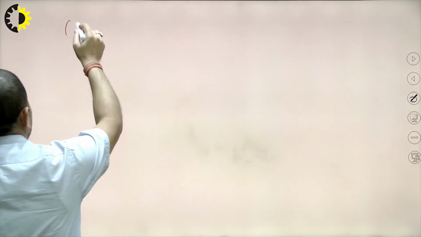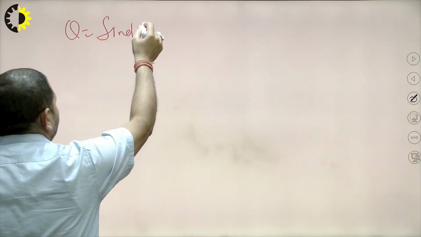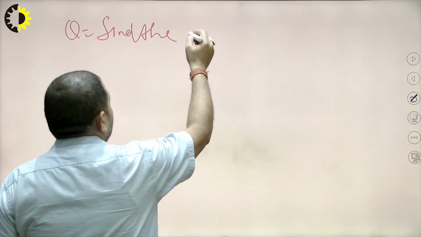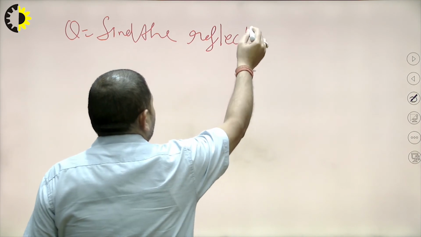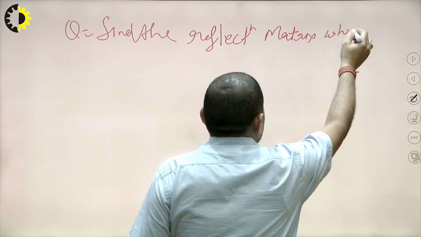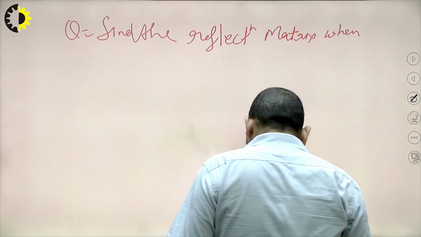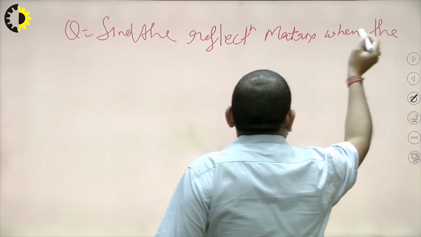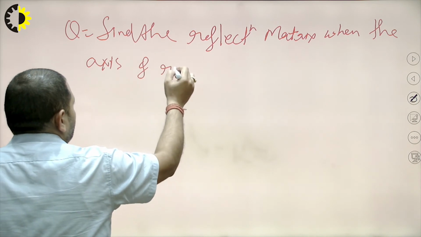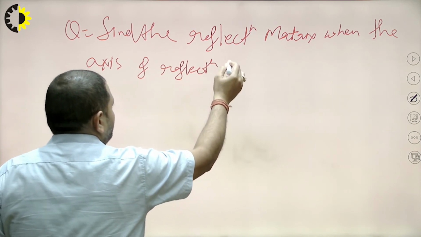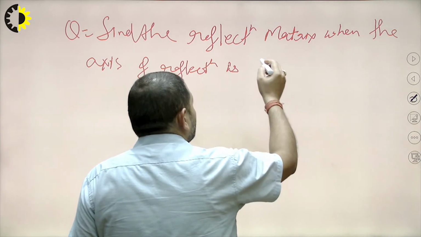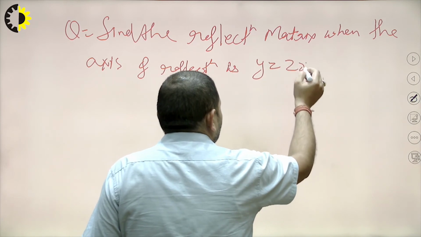The question is: find the reflection matrix when the axis of reflection is y equals to 2x.